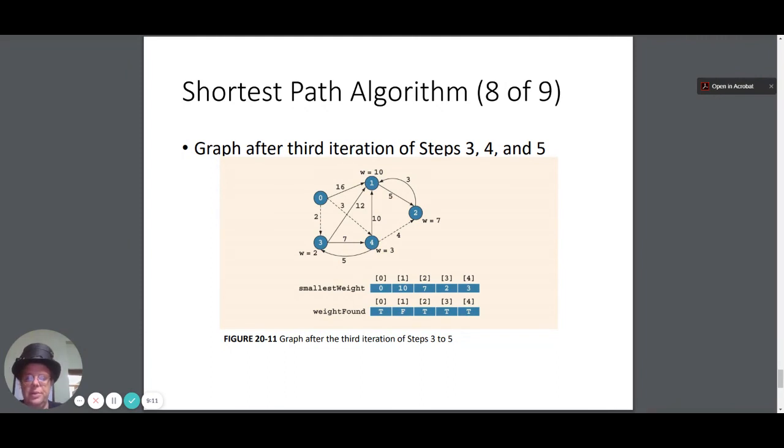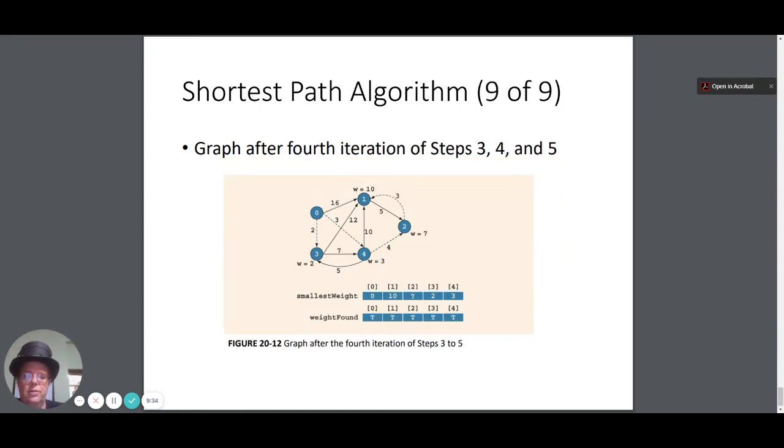And then last but not least, we would update that path to number 1, which would go through 0, 4, and then 2, which would give us a total cost of 10. And that would add in our shortest path.